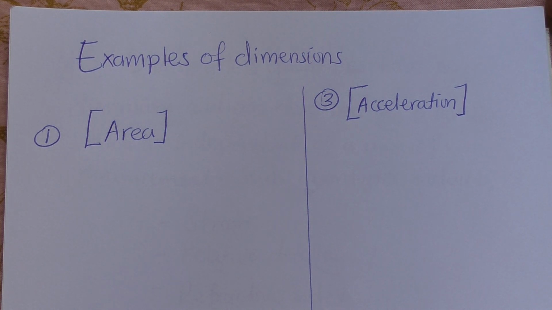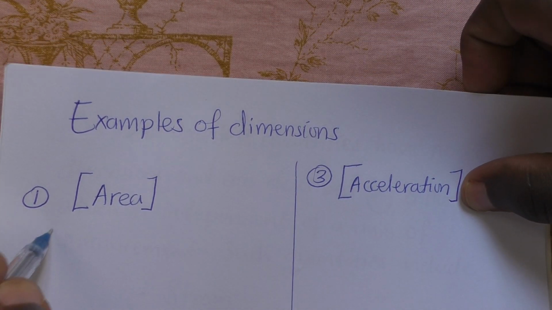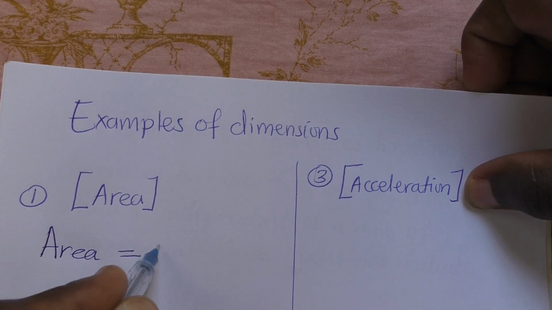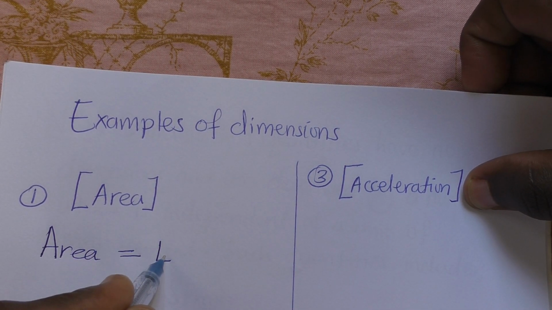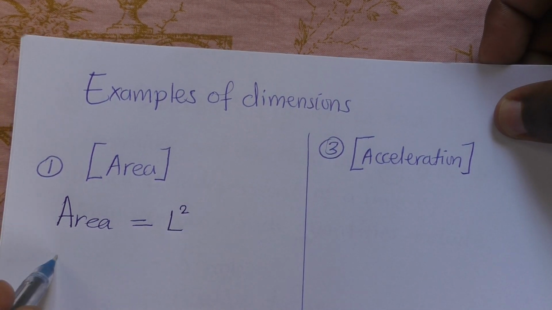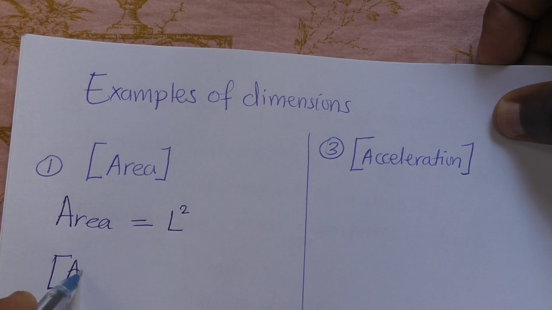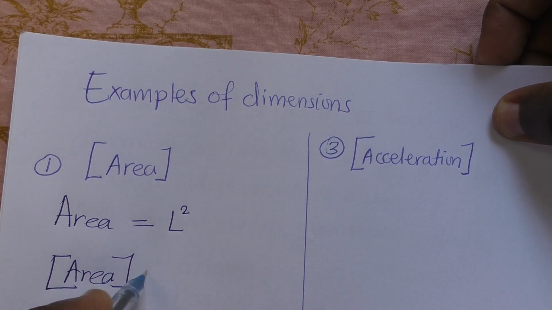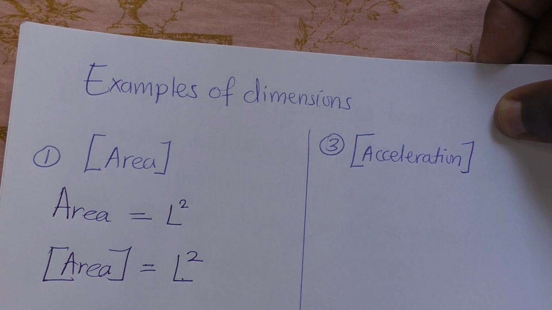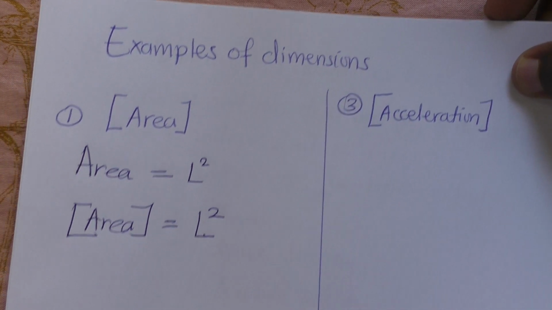The area of a rectangle is length times width, but they are both length. So that's why we said that area is given as a length squared, and therefore the dimensions of area will be length squared, since length is a fundamental quantity.